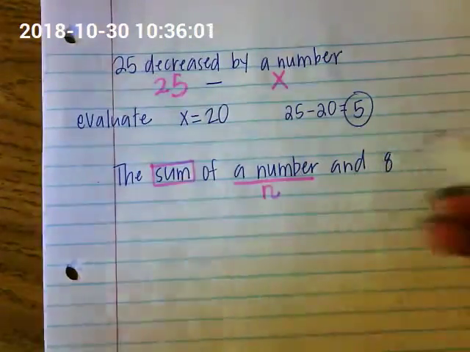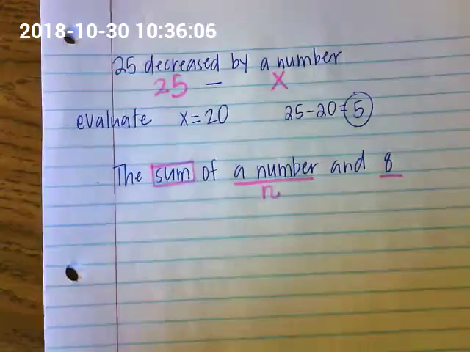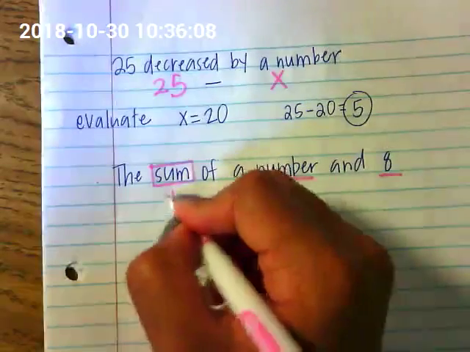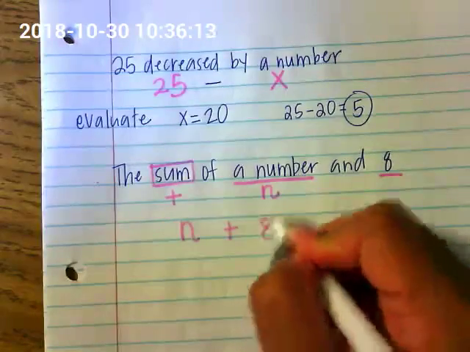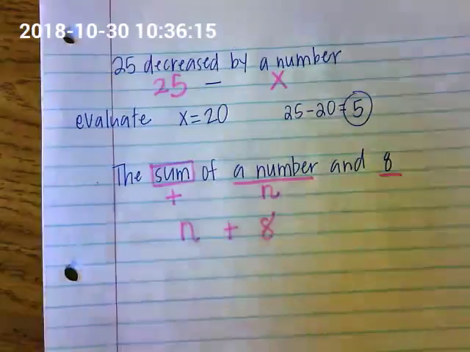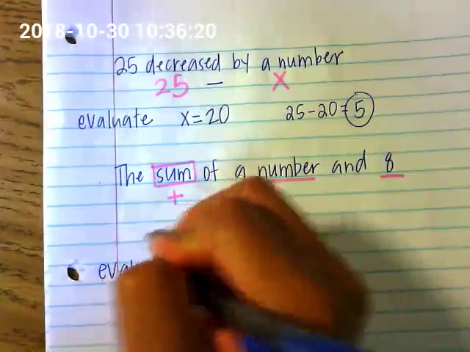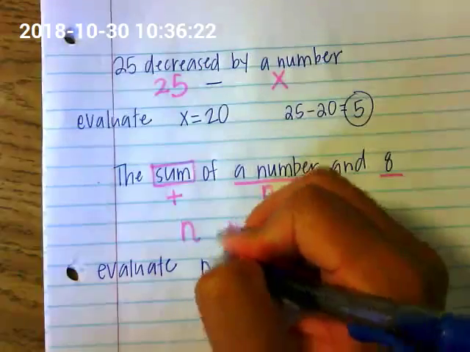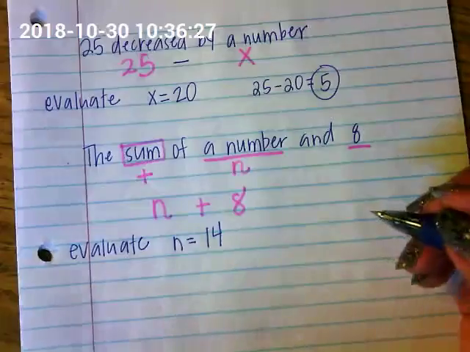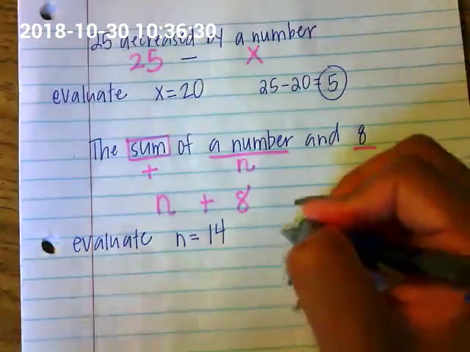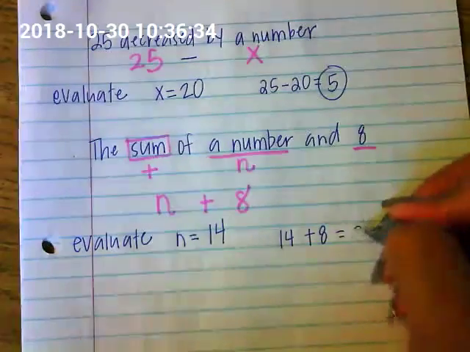Of a number and 8. So what is the sum going to be? Adding or subtracting? Adding. So we have n plus what? 8. Now let's evaluate if n is equal to 14. So we're going to plug in what? 14. So 14 plus 8 equals 22.